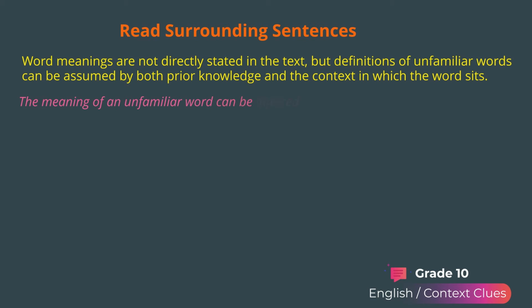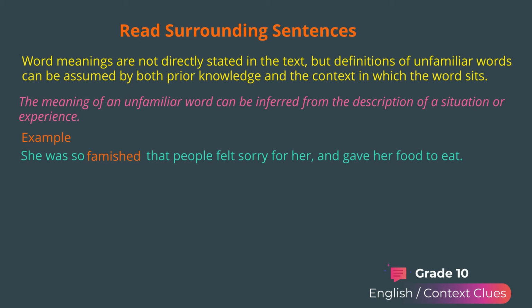The meaning of an unfamiliar word can be inferred from the description of a situation or experience. Example: she was so famished that people felt sorry for her and gave her food to eat. Famished means extremely hungry.